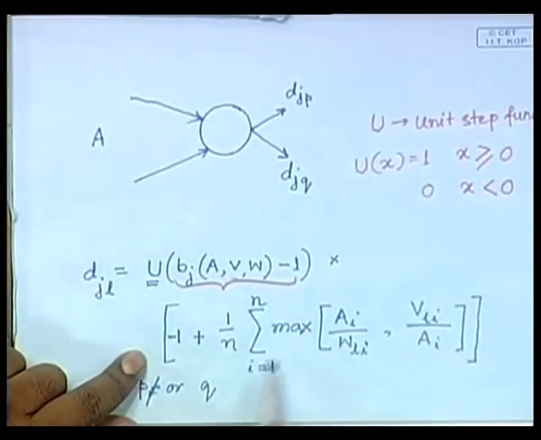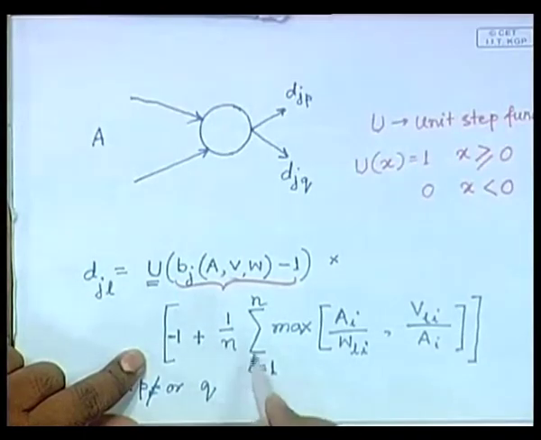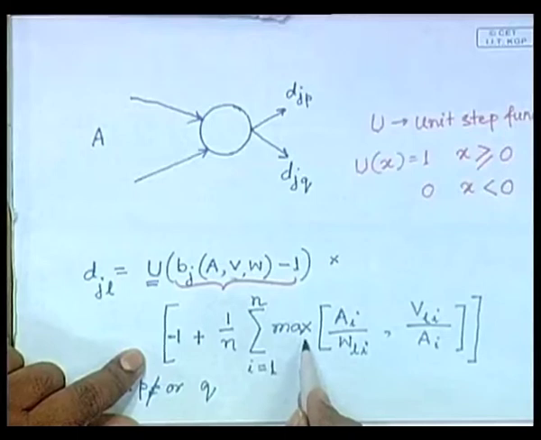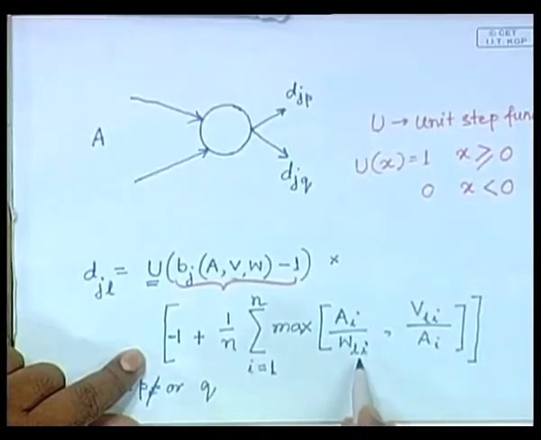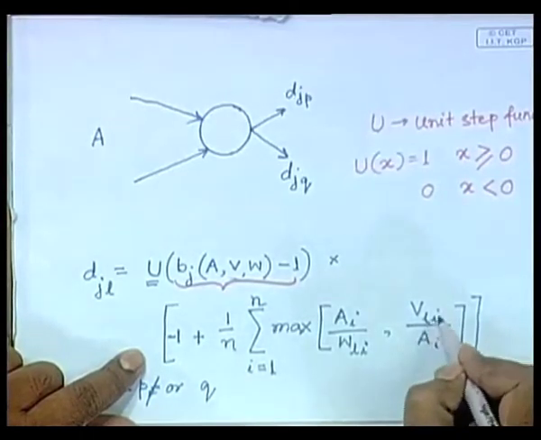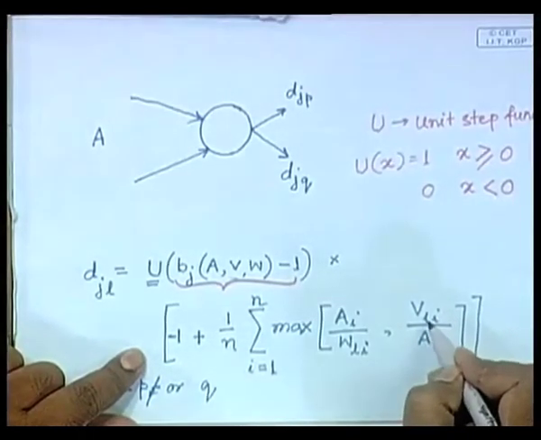Okay. Now, here you find that the computation is 1 upon n into summation of max function A_i by W_Li. W_Li is the ith component of the max point of W_L. Similarly, V_Li is the ith component of the min point of V_L.